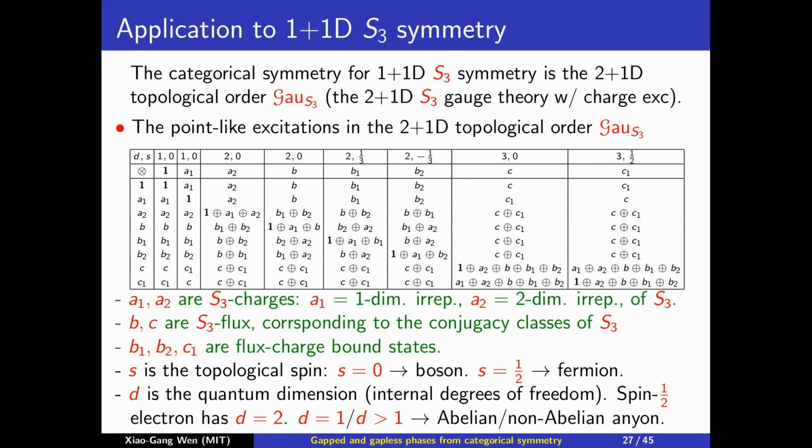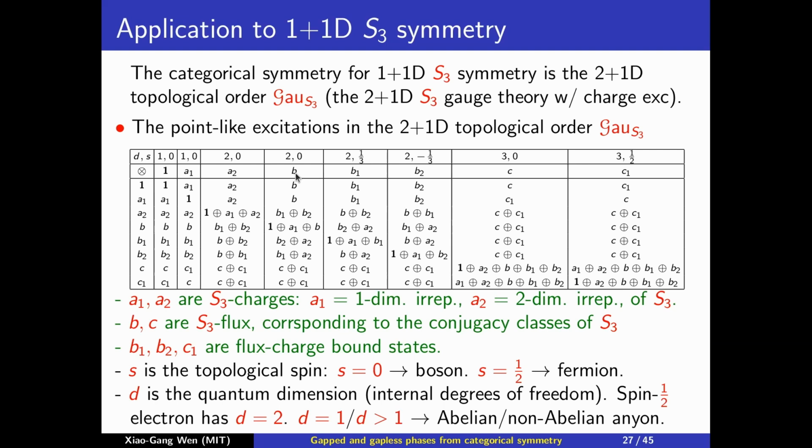Okay. So the charge excitations in S3 gauge theory are given by the S3 representations. The 1 means a trivial representation, just nothing. A1 is a one-dimensional representation. A2 is a two-dimensional representation. Both are irreducible. S3 only has these irreducible representations, and those are the charge particles. S3 also has flux.